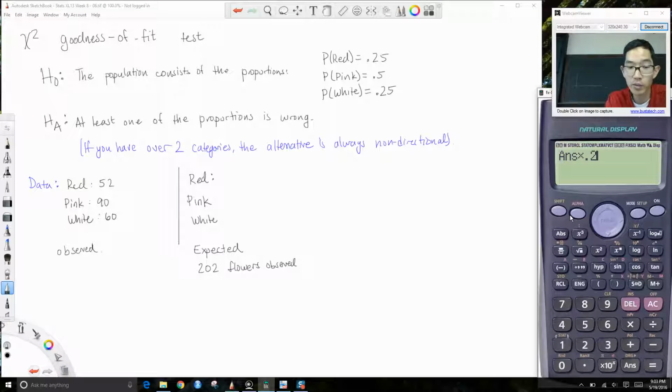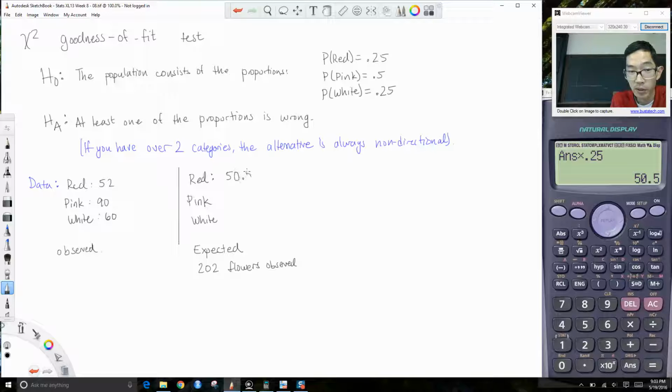I would expect to get 50.5 red flowers. Pink flowers would be 202 times 0.5, and that would be 101 pink flowers. And white flowers, I would also expect 50.5 white flowers.